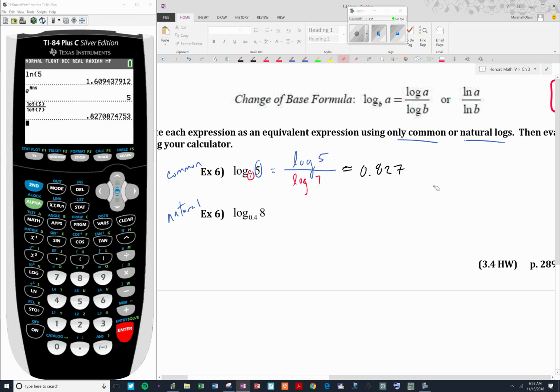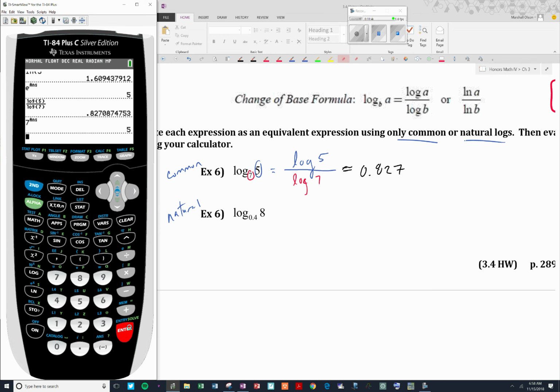Actually, I think in your homework I said round to the thousandths. So we're going to leave it like this. All right, and the next one, so this is actually what you would take 7 to get 5. So I'm just going to make sure that that answer makes sense. I'm going to say 7 to the second answer, and it should give me 5 when I hit enter. All right, so we know that that works.